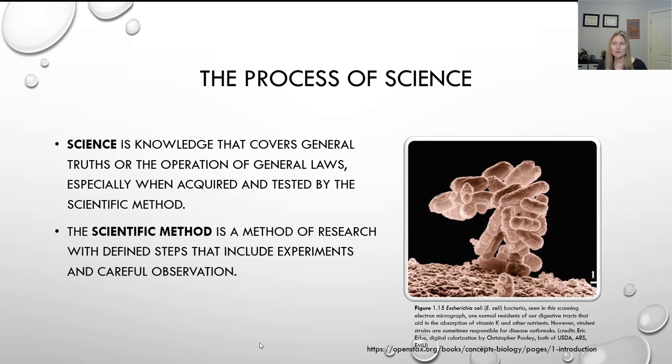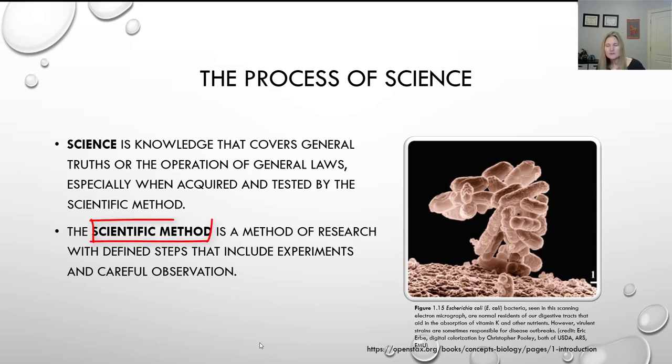So when we're studying something in science, we're basically trying to observe our surroundings and use those observations or maybe data from an experiment to come up with some sort of conclusion. So this involves the scientific method.